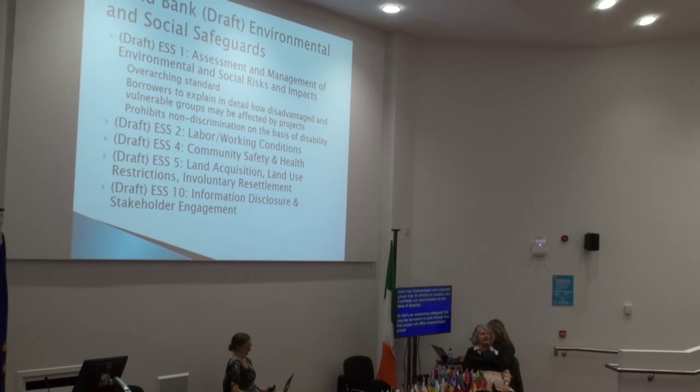Within that, disability is identified as a group for non-discrimination. So the project should be neutral in its impact on people with disability. In other words, it should not have a negative impact on people, and it should not discriminate against people with disability.